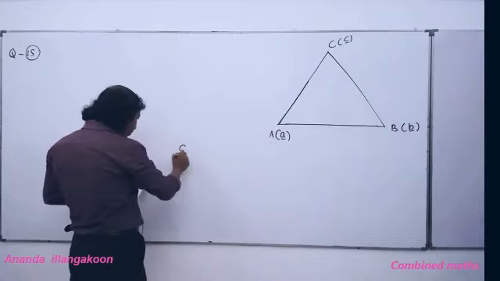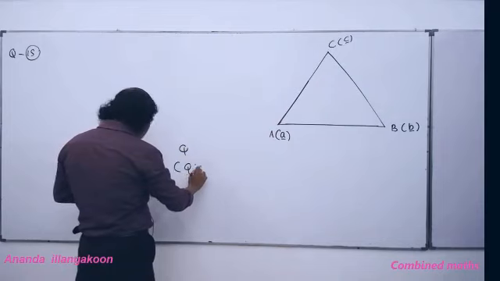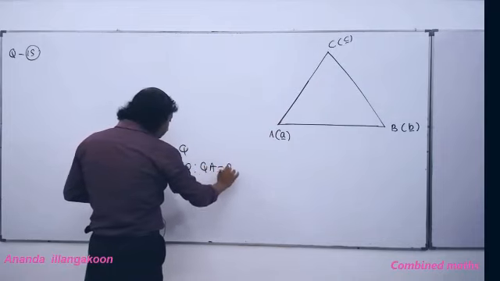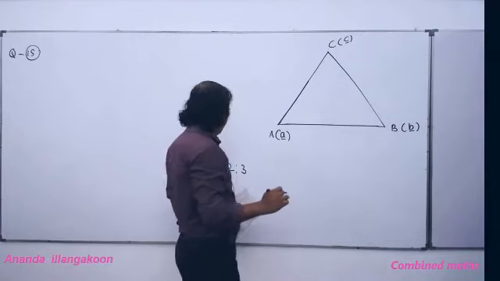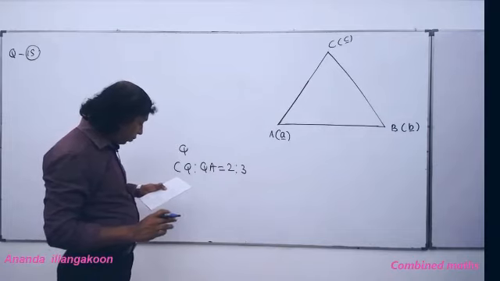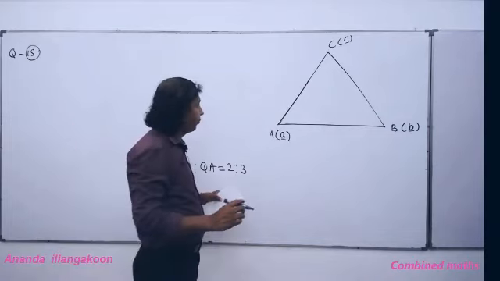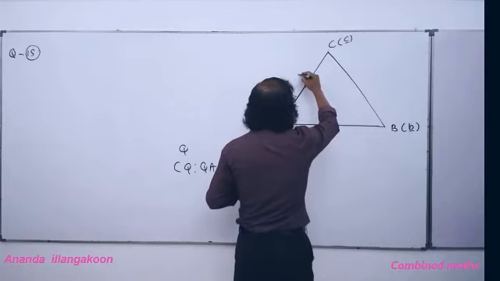Point Q is on CA. CQ is to QA equals 2:3. CQ to QA is 2:3. Here we have Q. The ratio is 2:3.